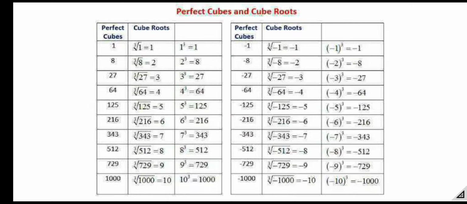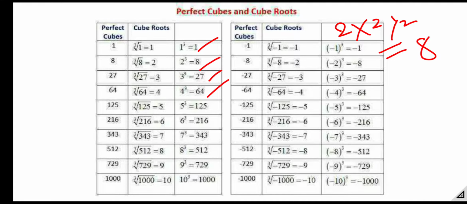And similarly, learn cubes and cube roots of numbers at least till 10. That is 1 cube is equal to 1, 2 cube, that is 2 multiplied by 2 multiplied by 2, is equal to 8. Next 3 cube is equal to 27, then 4 cube is equal to 64 and so on.